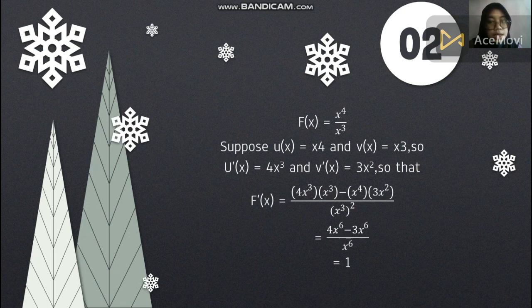So u'(x) = 4x cubed and v'(x) = 3x squared, so that f'(x) = (4x cubed times x cubed minus x to the power of 4 times 3x squared) over (x cubed) squared, which is equal to (4x to the power of 6 minus 3x to the power of 6) over x to the power of 6.